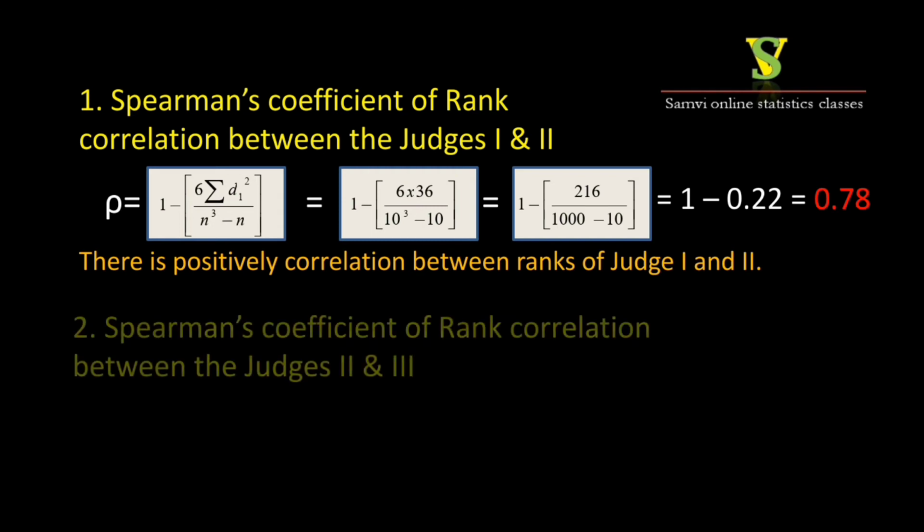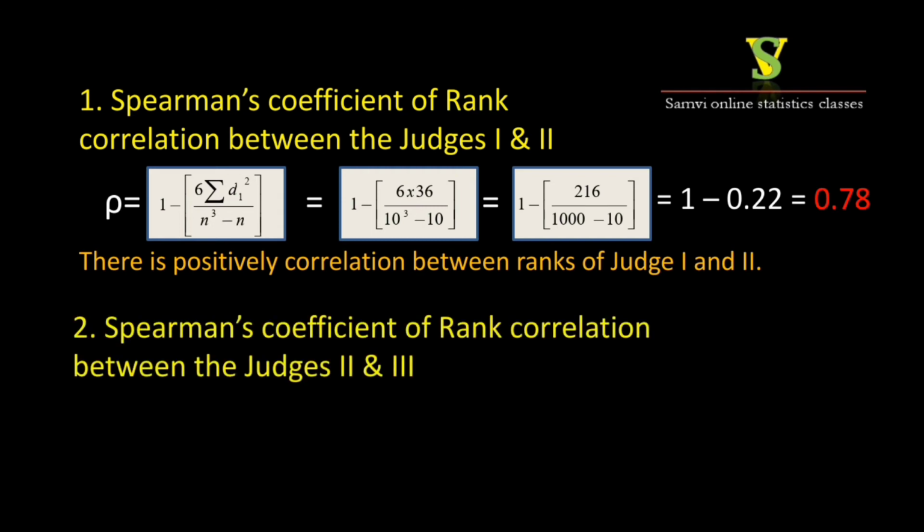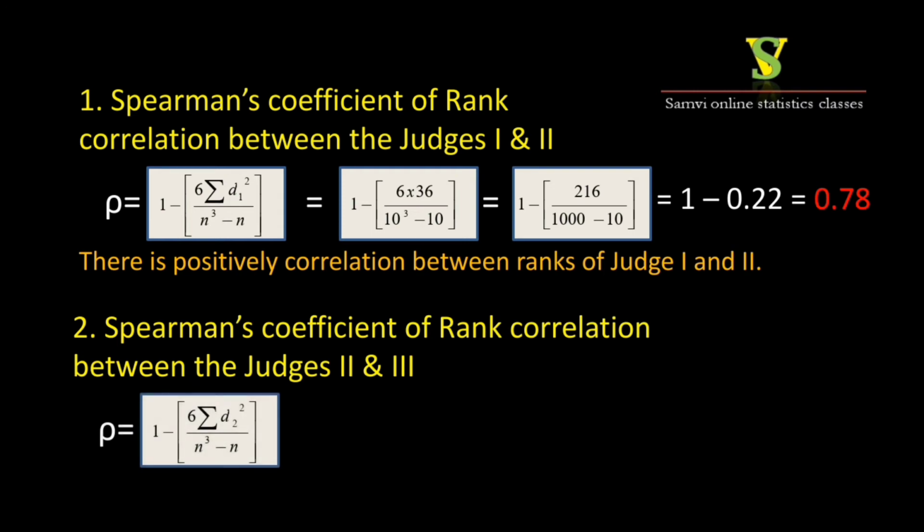So next is Spearman's coefficient of rank correlation between the judges 2 and 3. So the formula is rho equal to 1 minus 6 summation of d2 square divided by n cube minus n. Just substitute the values here. If you substitute, we get like this. 1 minus 6 into 34 divided by 10 cube minus 10.